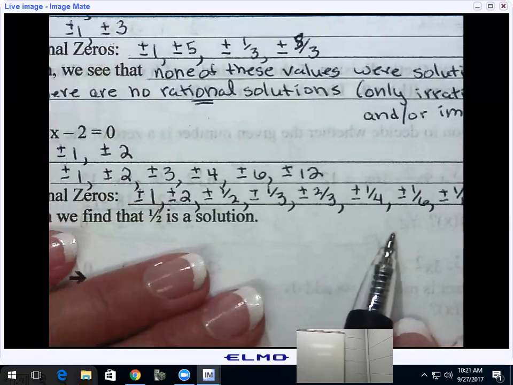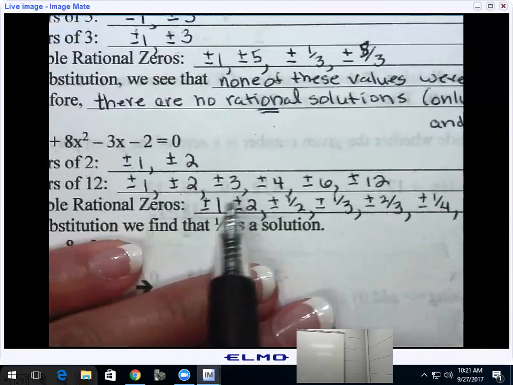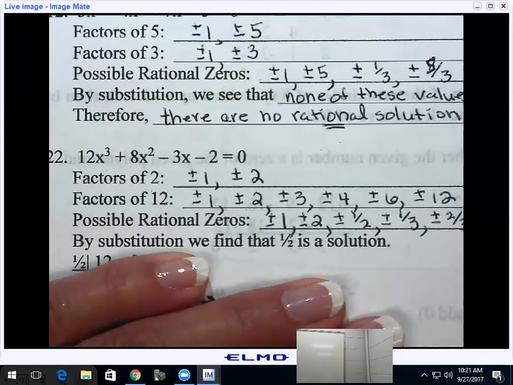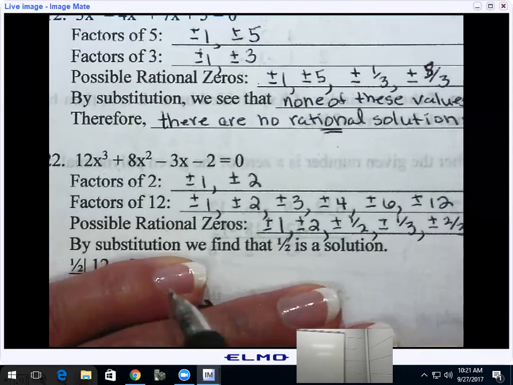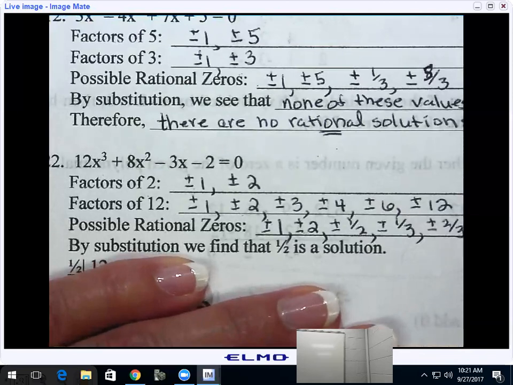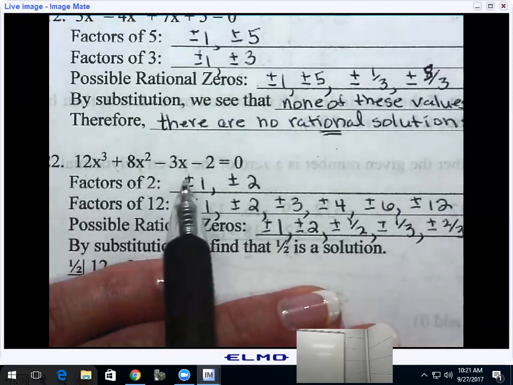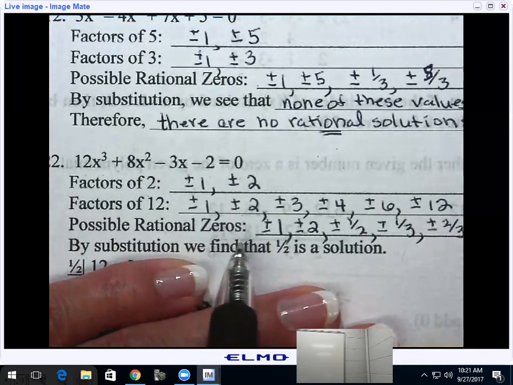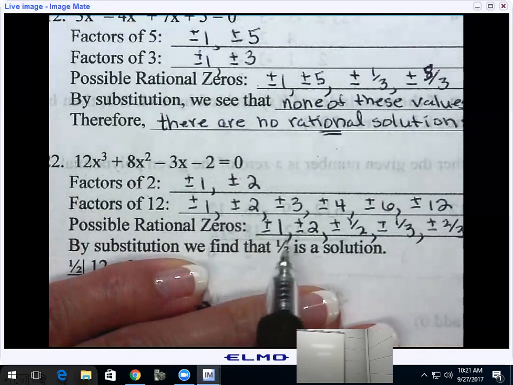So when I say find the first one, how do I find which one of those actually is a solution? Plug it in, or my word there was substitution. I tried a 1. 12 plus 8 minus 3 minus 2, that's not 0. I tried a -1. That didn't work. I tried a 2 and a -2.